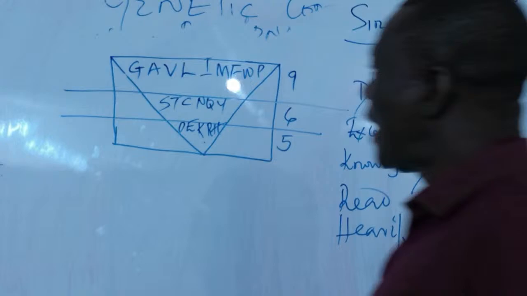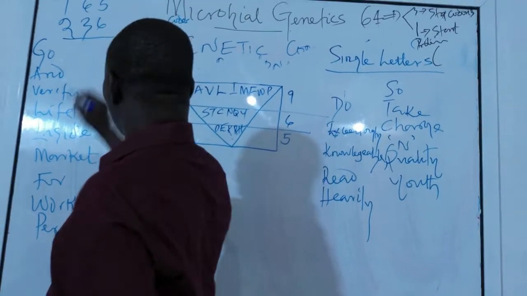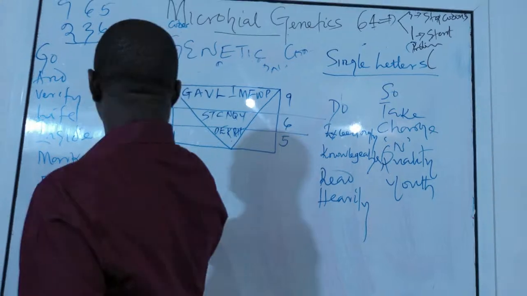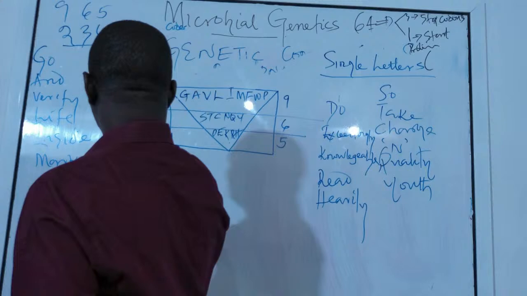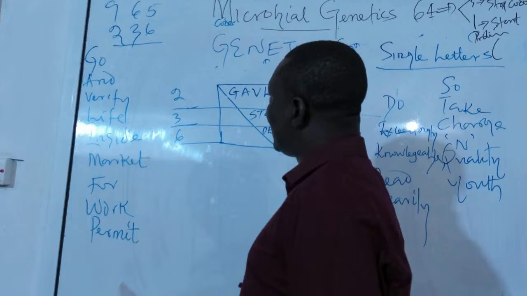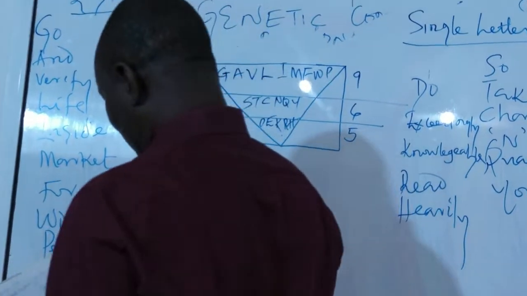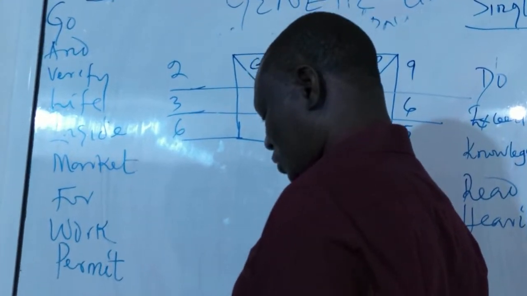Now, I said earlier that you should also write this one somewhere, which is 236. Now, what is 2 standing for? And what is that 3 also standing for?